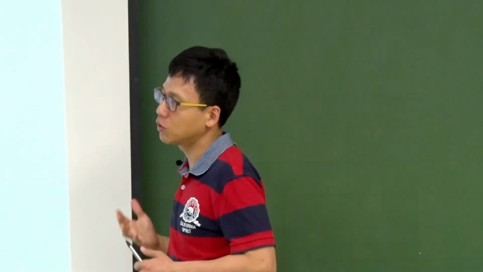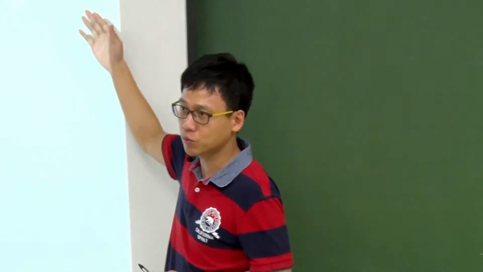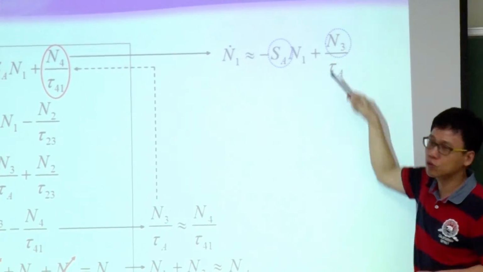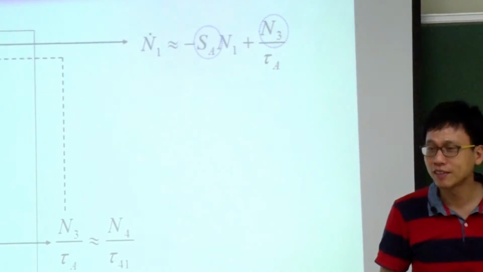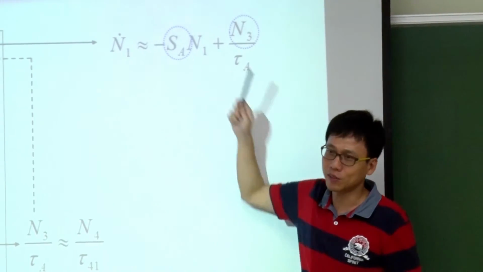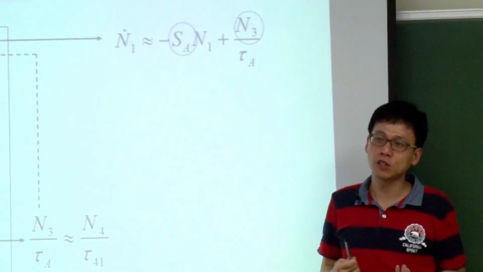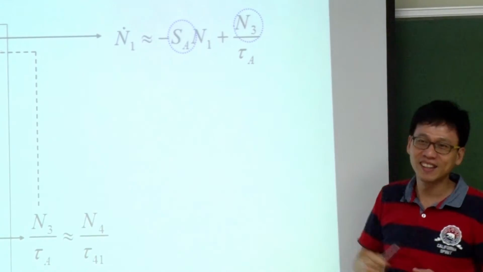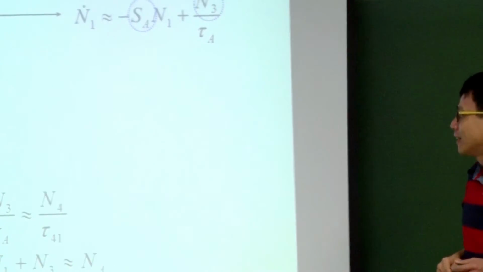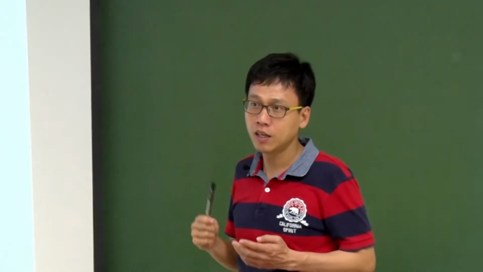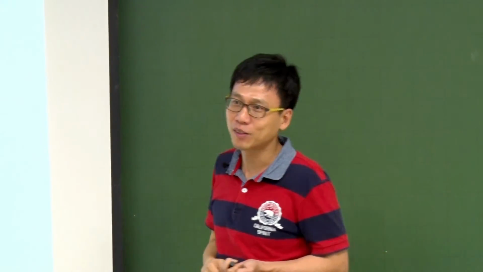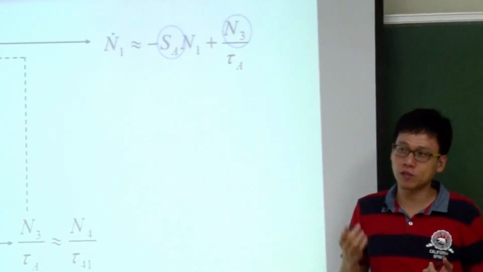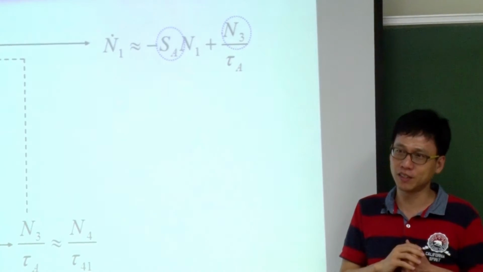Now, we can further simplify this equation by replacing SA and N3 by something else. This is quite easy, right? You just borrow the definition of SA. How about N3? Is there any relation between N3 and N1? Because in the end, we hope for an equation with a single unknown function, N1 only.